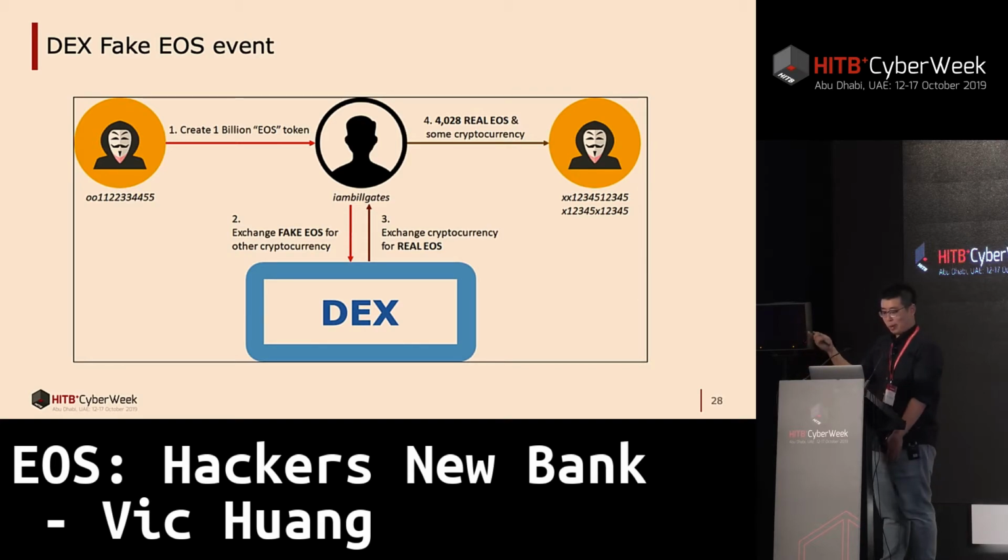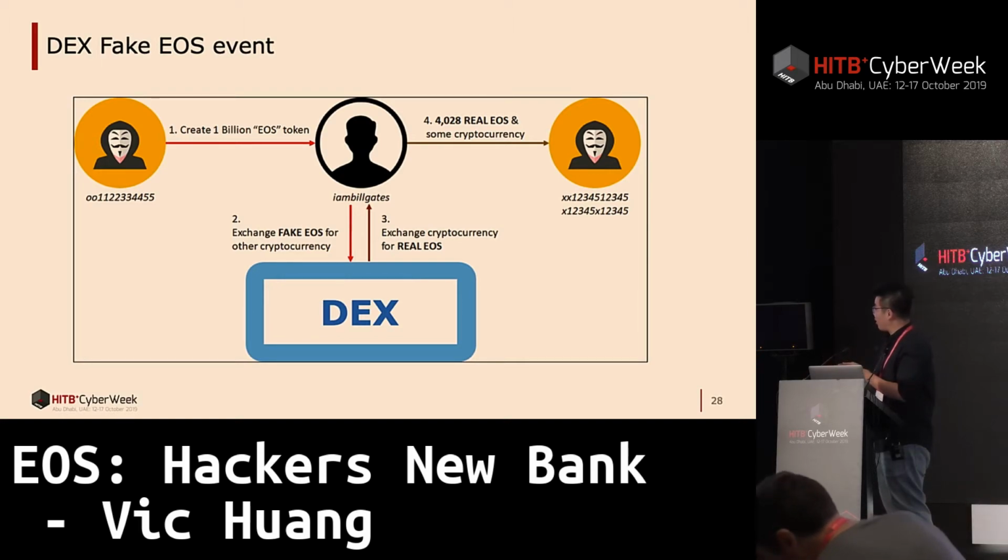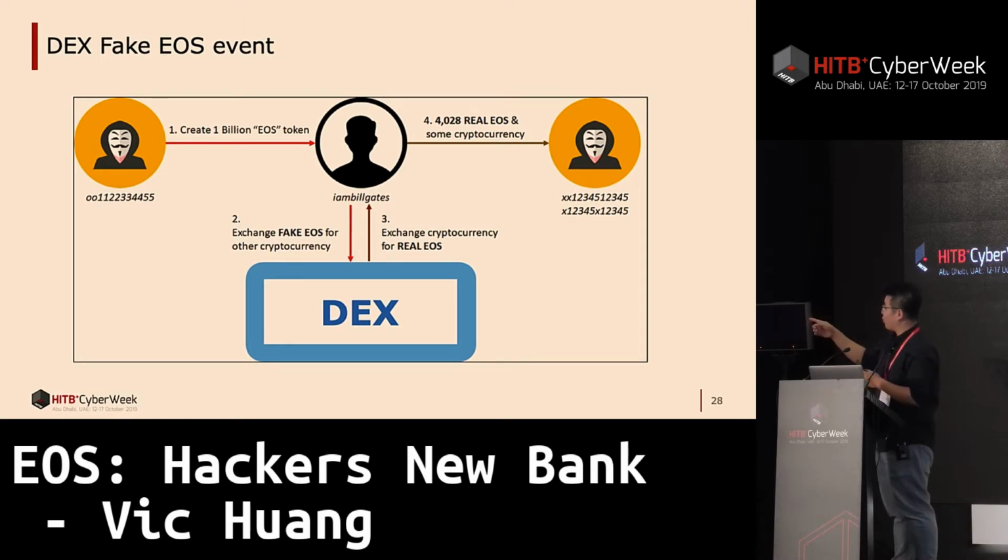Hackers create 1 billion EOS with the same name as the EOS token, and send it to another account and try to exchange it for other cryptocurrency in the DEX. And what is a DEX? It's a decentralized exchange, a platform where you can exchange cryptocurrency.